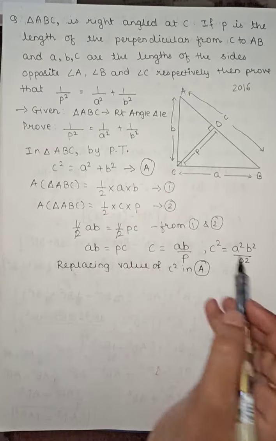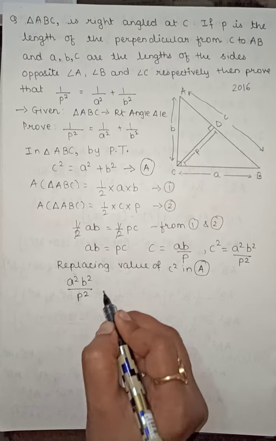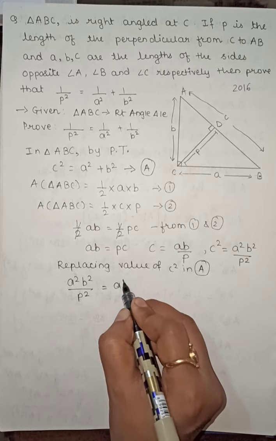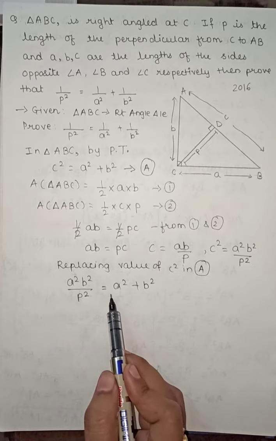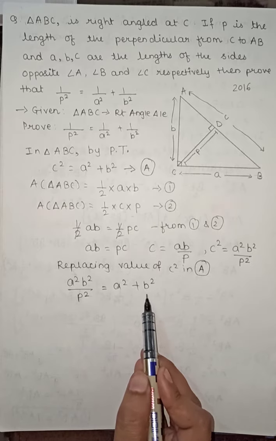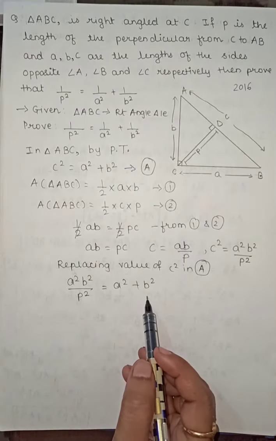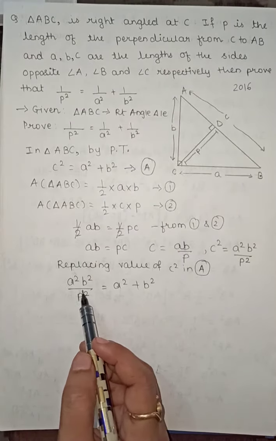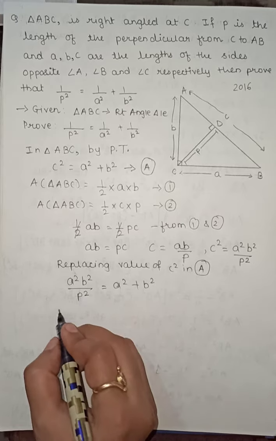So instead of C square, now I will write A square B square by P square equal to A square plus B square. Now as I have said, if I am able to divide this side by A square B square, I will get my RHS. So now I cannot divide just the right hand side, I have to divide the left hand side also. So I can say dividing both sides by A square B square.